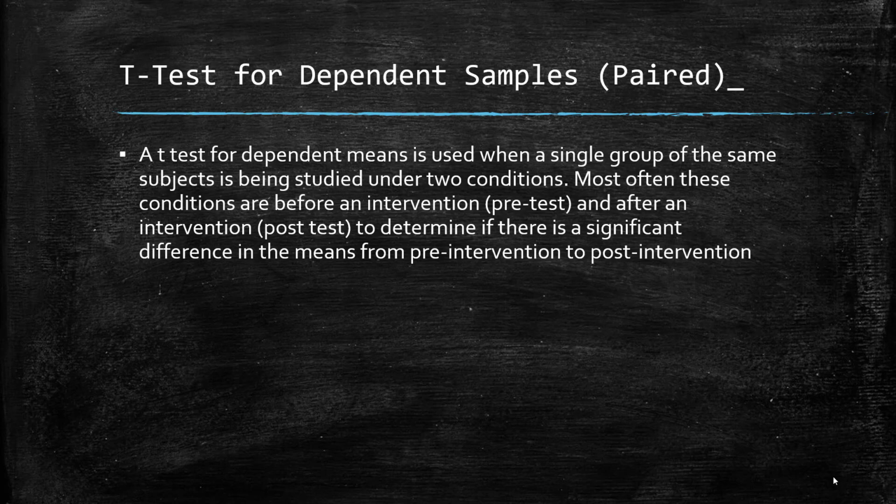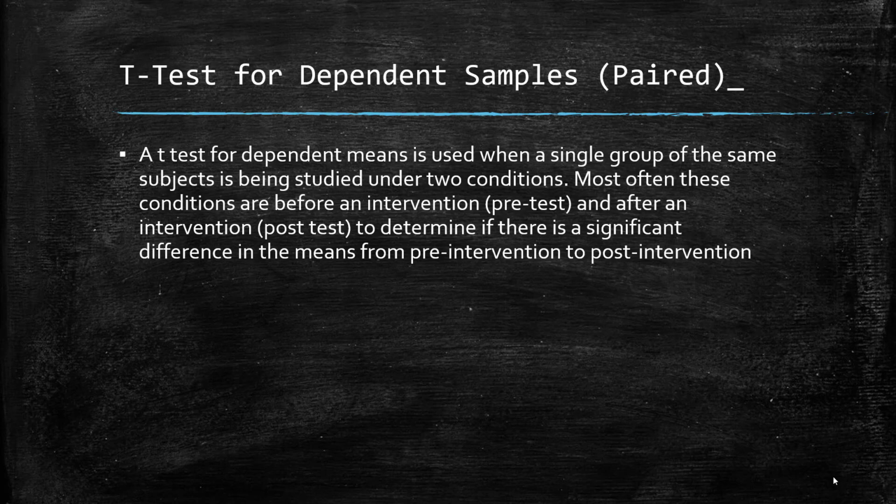Most often, it's when we have conditions before an intervention and we administer a pre-test, and then after an intervention and we administer a post-test to determine if there's a significant difference in the means from pre-intervention to post-intervention. So we have one group of participants and we're measuring them at two different points in time. That's the paired samples t-test.